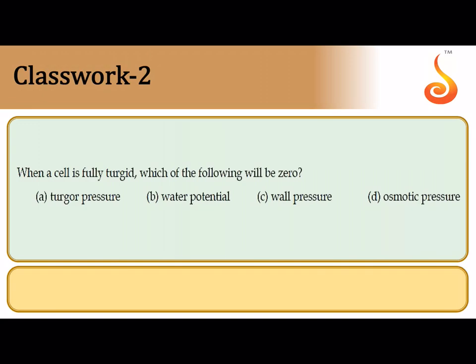When a cell is fully turgid, which of the following will be 0? Now we almost assume that when a cell is fully turgid, the water inside the cell, that is the cell sap, has become completely hypotonic, isn't it? Because all the water has entered into the cell, the cell sap inside has become hypotonic.